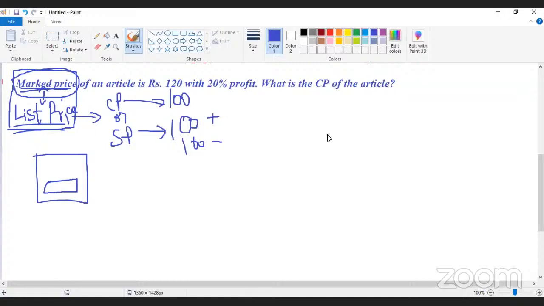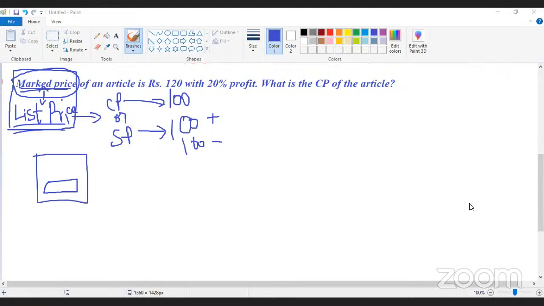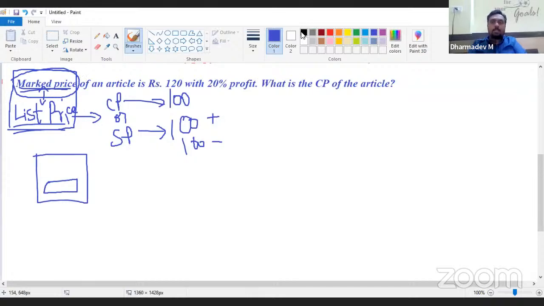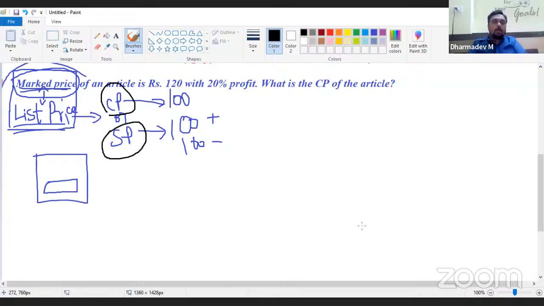Fine. See, as I said, just a basic concept. When I get the term mark price, it can be the cost price or it can be the selling price. It can be anything. Are you clear with that?